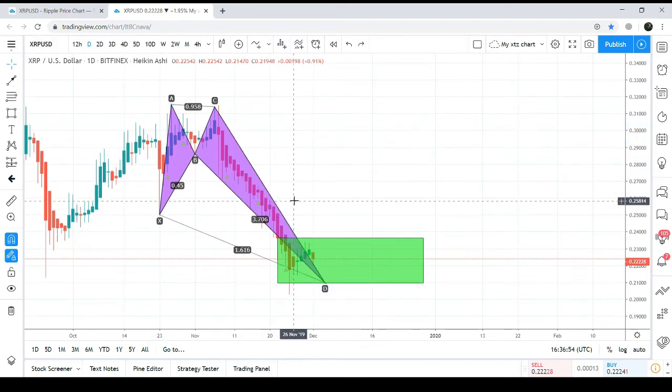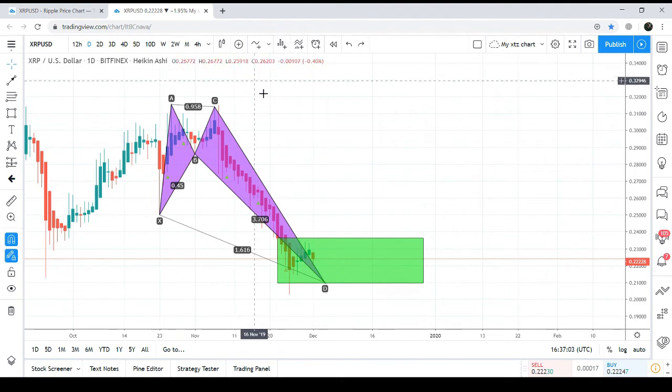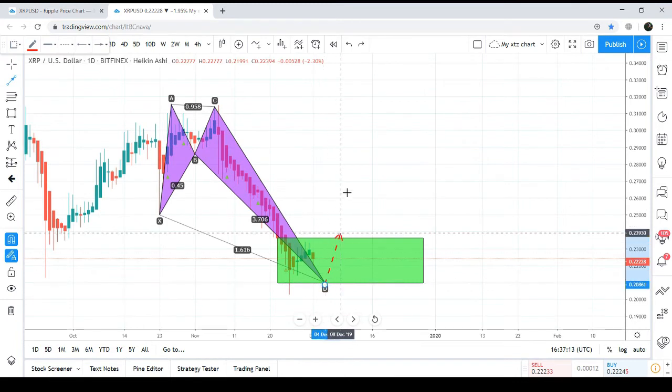But now the price action has retraced up to 1.618 Fibonacci, between 1.27 up to 1.618 Fibonacci. So this is the bullish crab pattern. It is confirmed that the price action has entered the potential reversal zone, and it will move up from here.